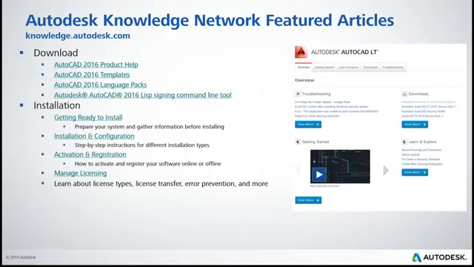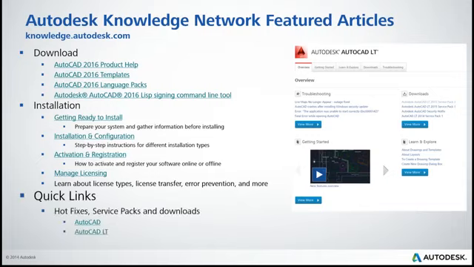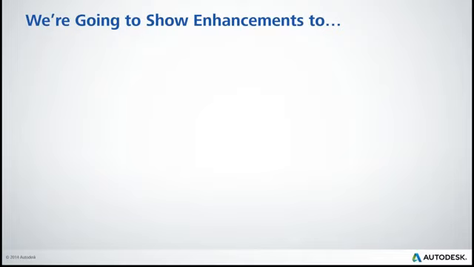Also, some installation documentation is available on this website. So if you're wanting some additional assistance with installation, be it network or standalone activation, this is a great resource. Also, links to hot fixes, service packs, and downloads.